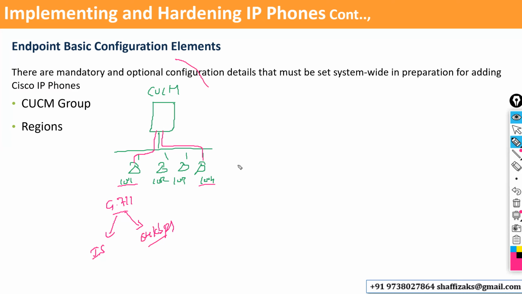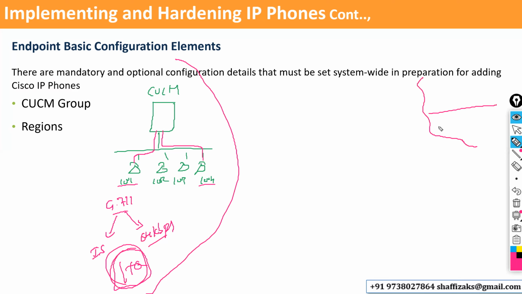And this is my headquarter. I'm having a branch office. In the branch office also, we have the IP phones. This is my router. This is my ISP. Here also we have a router.